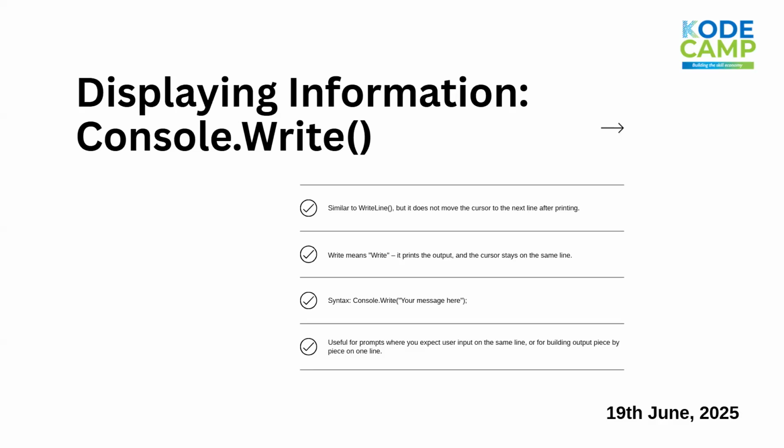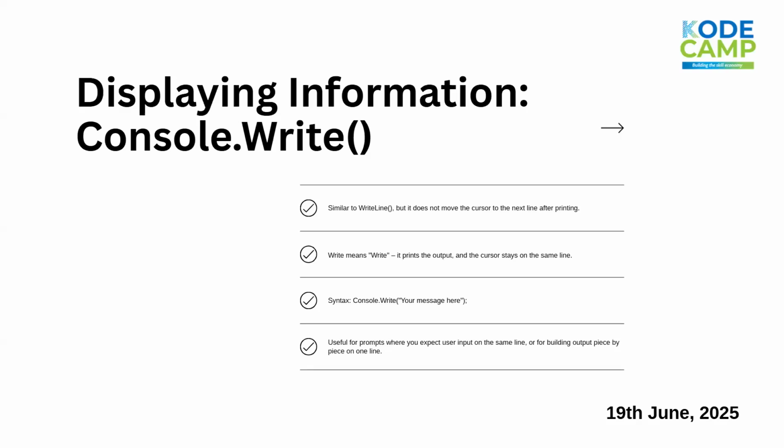Whenever you use console.WriteLine and you type good morning, everyone, and you run your code, what you will see is the text, good morning, everyone. And at the end, the cursor would go to the next line. So the difference between the two is that for console.WriteLine, the cursor will automatically go to the next line, while console.Write will remain on that same line.